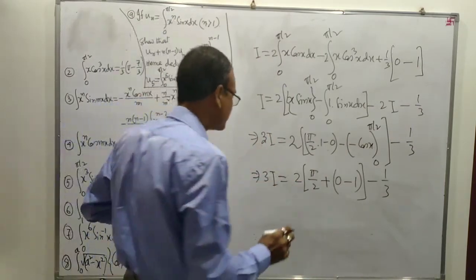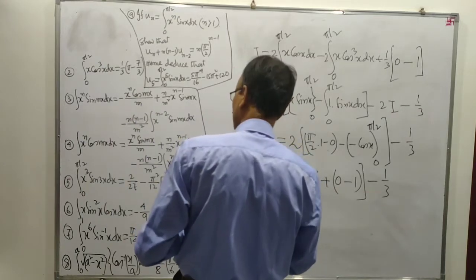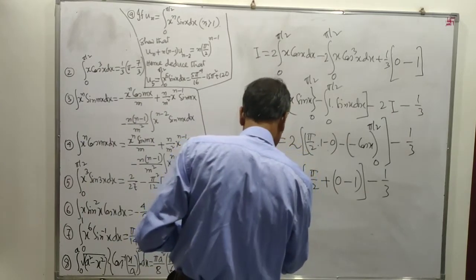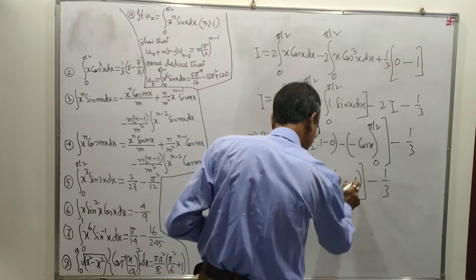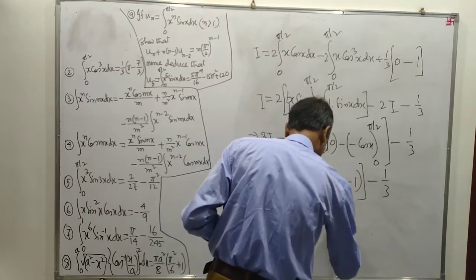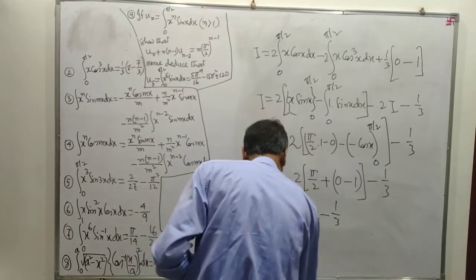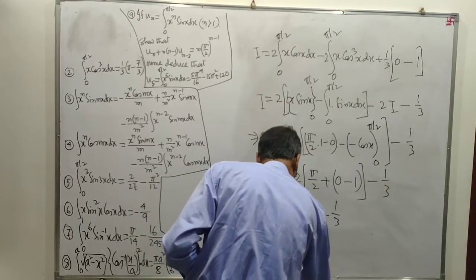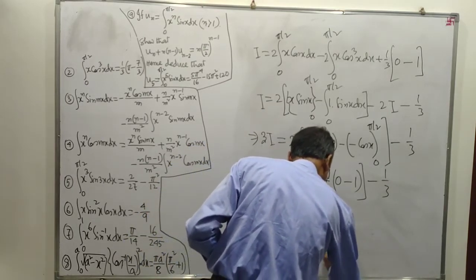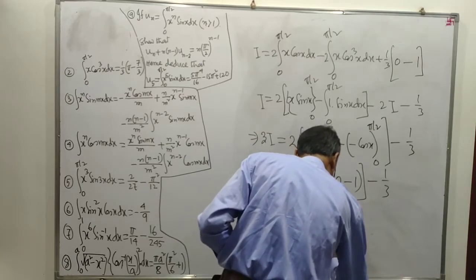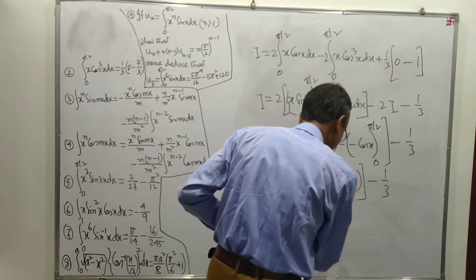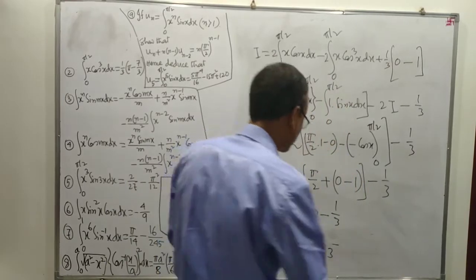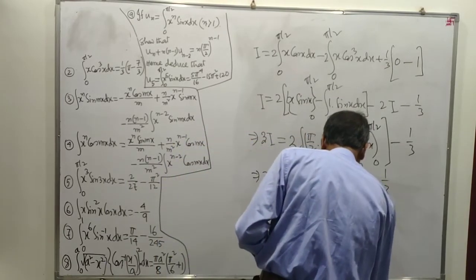Cos 0 equal to 1. This means 3I equals pi minus 2 minus 1 by 3. This means 3I equals pi minus 3, 6 plus 1, this is equal to 7. It will be minus 7 by 3.